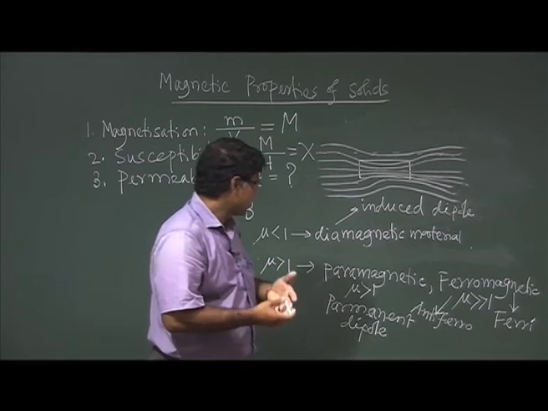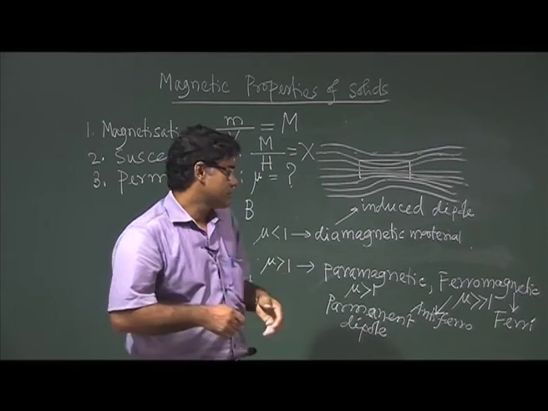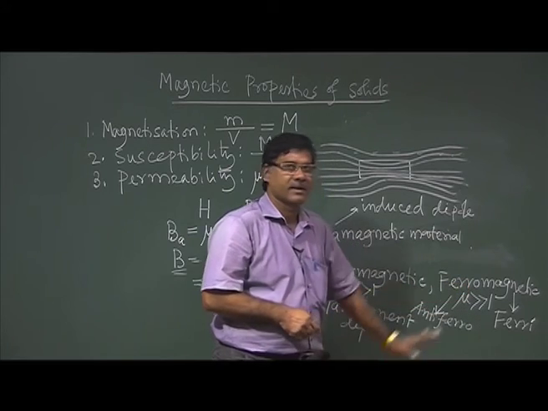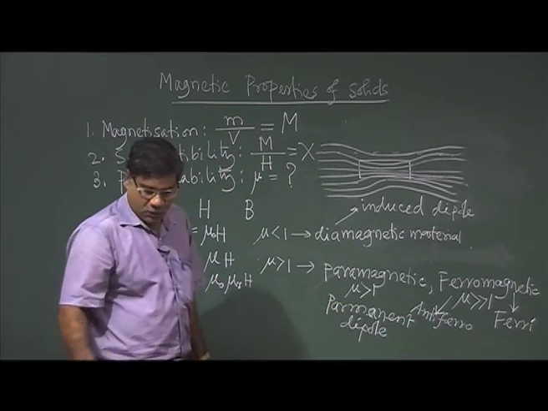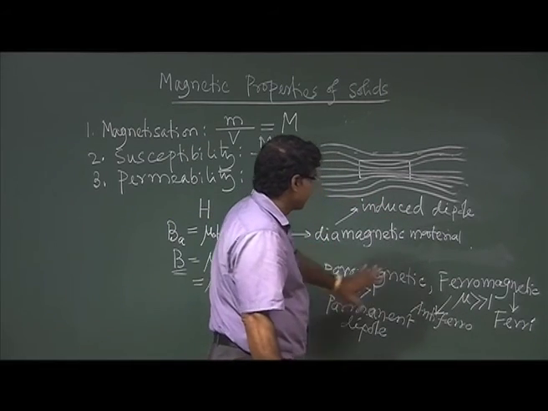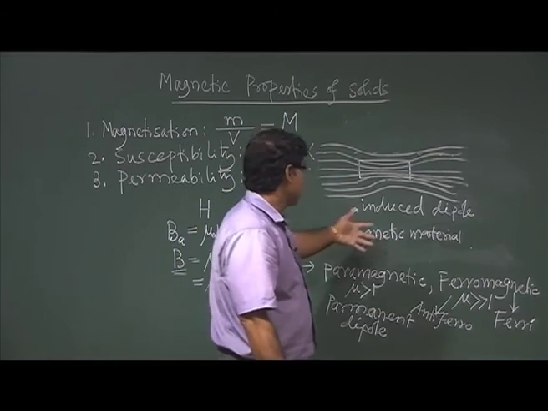Then in that category again there is a division: paramagnetic, ferromagnetic, antiferromagnetic, ferrimagnetic, right. So, this is the broad classification of the magnetic material, and now we will study the individual one.